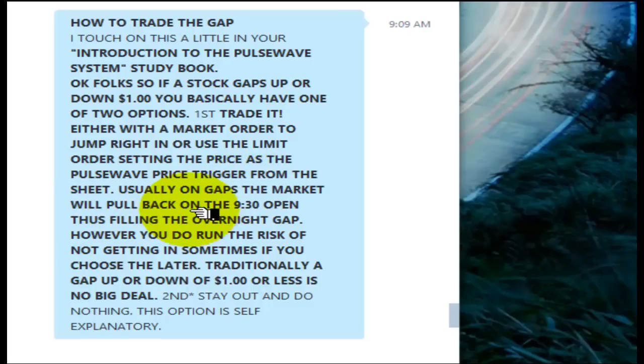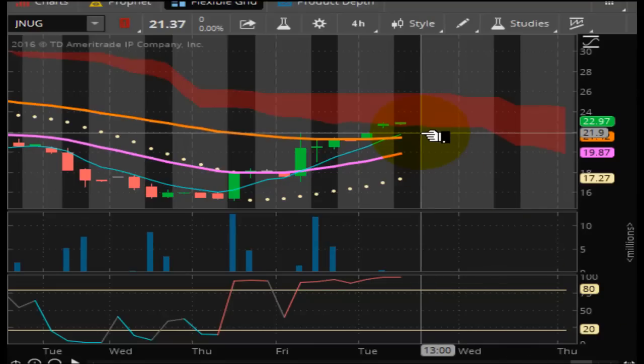Usually on gaps, the market will pull back on the 9:30 open, thus filling the overnight gap. However, you do run the risk of not getting in sometimes if you choose the latter. Traditionally, a gap up or down of $1 or less is no big deal. Your second option is to stay out and do nothing. This option is self-explanatory.